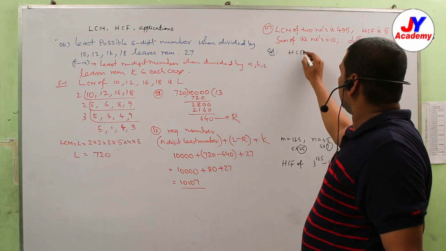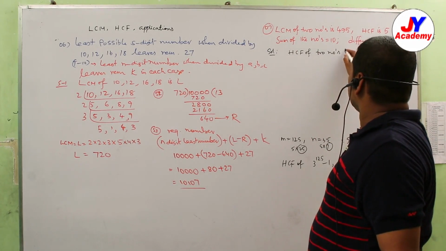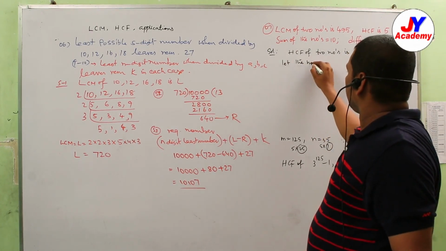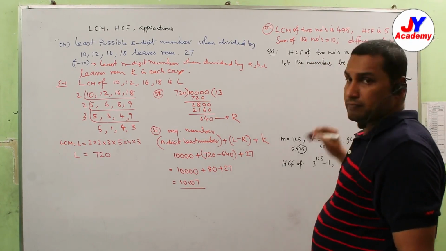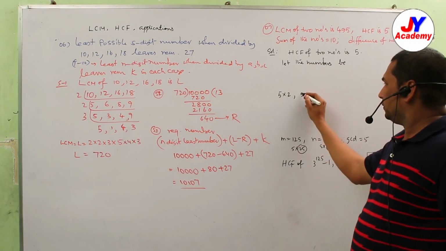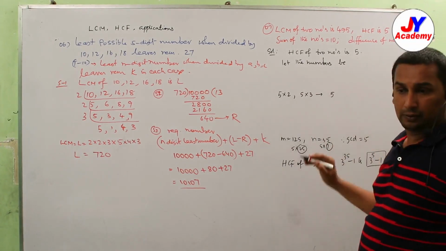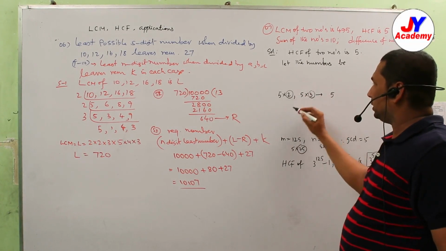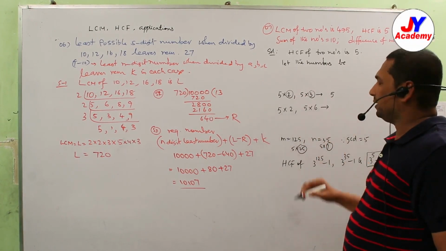The HCF of two numbers is 5. So let the numbers be, suppose, 5 into 2 and 5 into 3. What is the HCF? 5, because there is no common factor for 2 and 3. Suppose 5 into 2 and 5 into 6 are given.